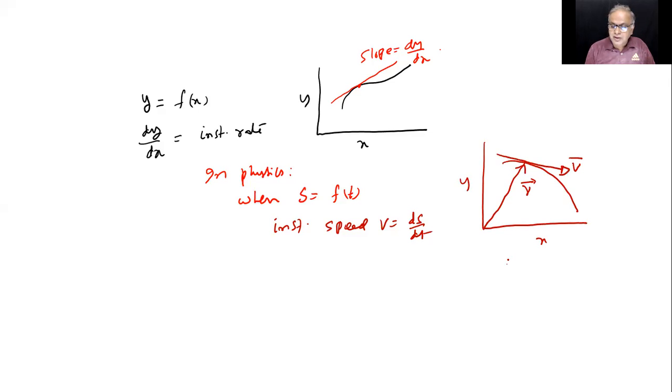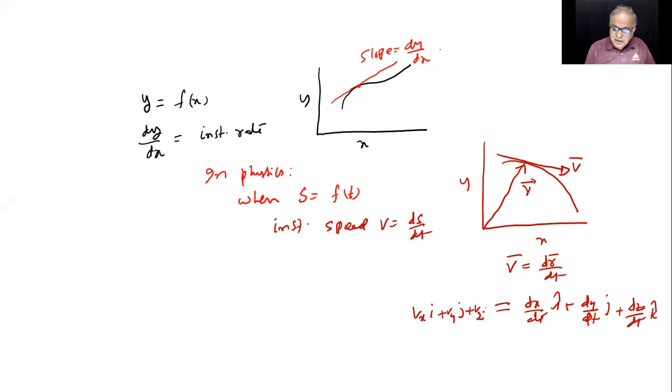This is v bar equals dr by dt, which can be written as dx by dt i cap plus dy by dt j cap plus dz by dt k cap. This is vx i cap plus vy j cap plus vz k cap. Now vx equals dx by dt. That's what we'll write for velocities.